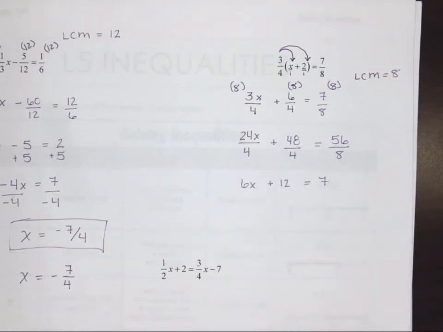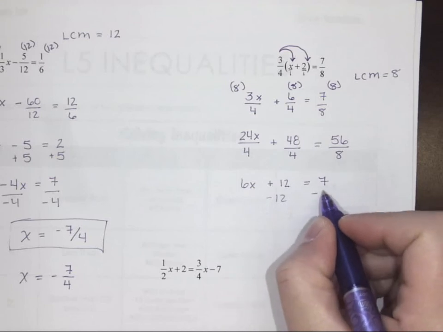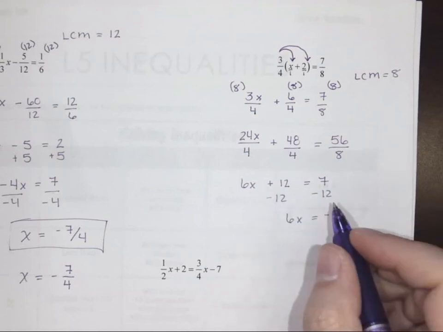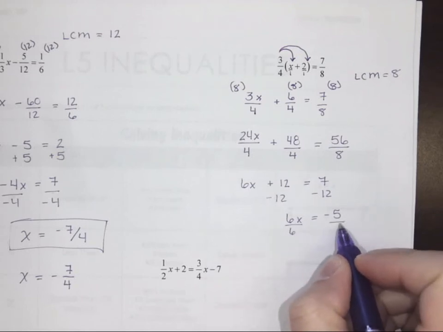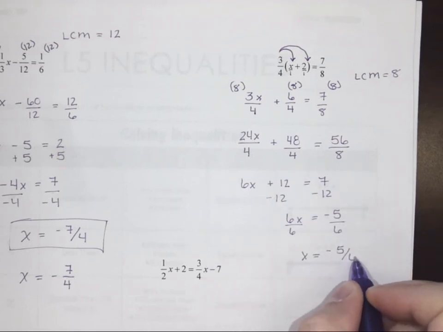So again, just a two-step equation. As soon as you eliminate that denominator, all of a sudden this is so much easier to solve. And you can use this strategy all the time. So we are going to subtract 12 from both sides. So I'm going to have 6x equals a negative 5. Divide by 6. Divide by 6, my answer is x equals a negative 5/6.